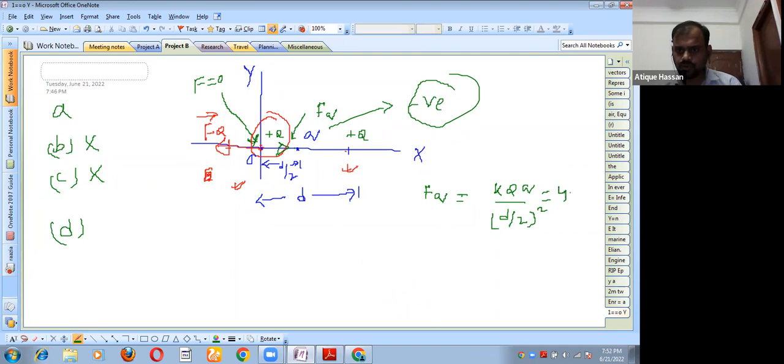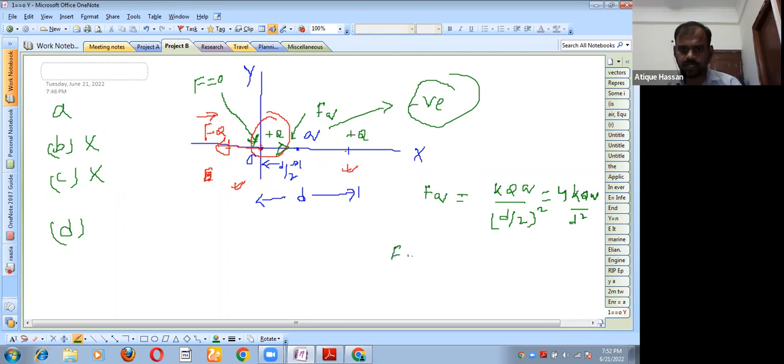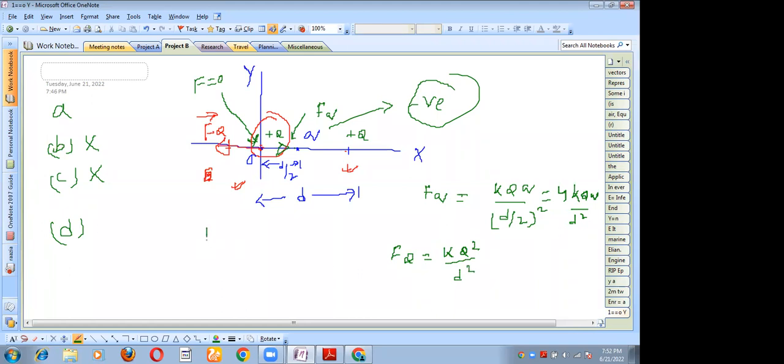So it will be 4 K Q q by d square. Now the force due to capital Q will be K Q square by d square, right? So what will be the magnitude?